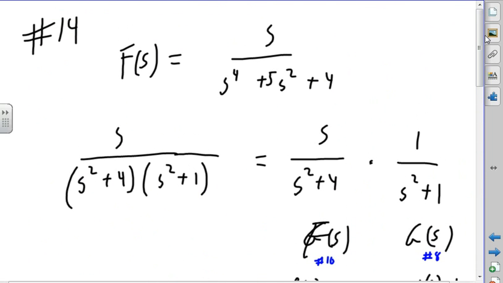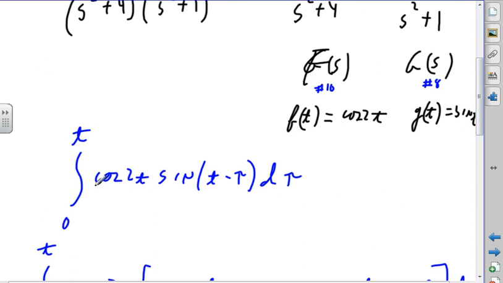Where? In that integral from 0 to t? 0 to t, right. Cosine 2 tau? No, because g of t is where the tau minus t minus tau is. So if you look on page 297, and we're going, oh, you're right.